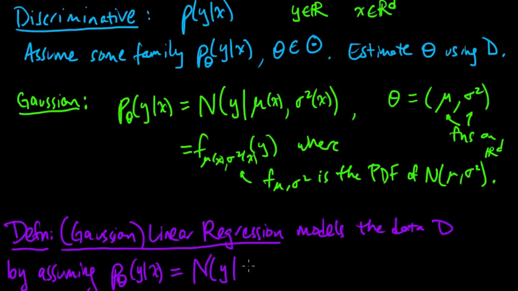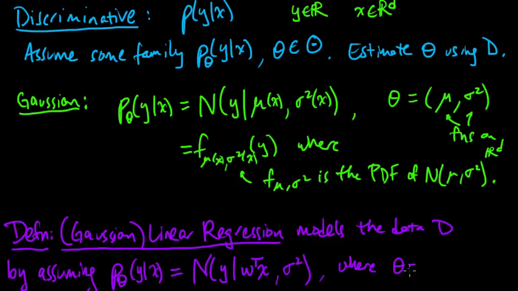Here's the linear part. We're going to choose the mean, this mu of x, to be the dot product of w with x. And we will take sigma squared to be a constant, just, this function here, it was a function, but we'll just take it to be some constant positive number. Where theta, so I put theta here, and where's theta on this side?